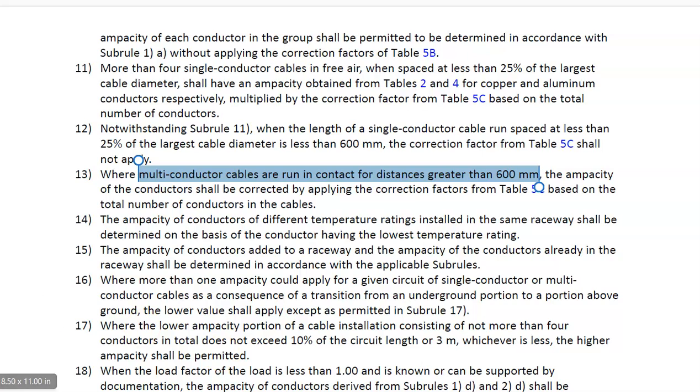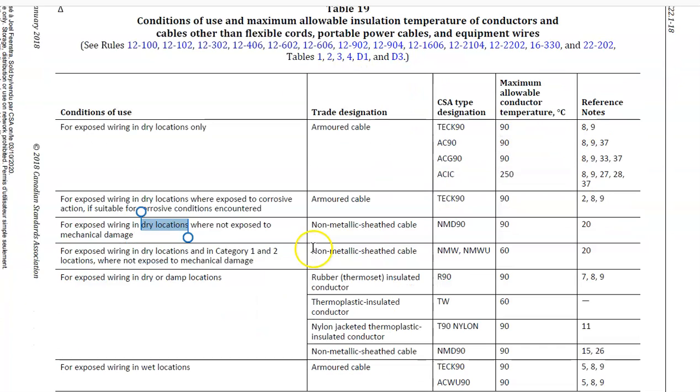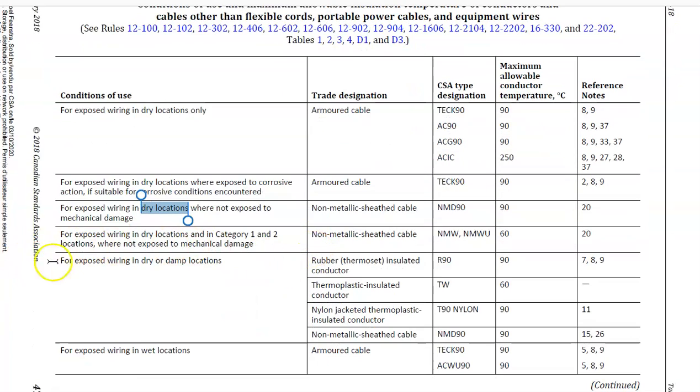Where's my code? And we will roll down. Give me a sec here to just find that table 19. And I'm going to look for any place where I'm going to see my NMD. It's for exposed wiring in dry locations. Okay, that's one spot where it's showing. It's for exposed wiring in dry or damp locations. So I can use it in dry locations. I can also use it inside of damp locations.